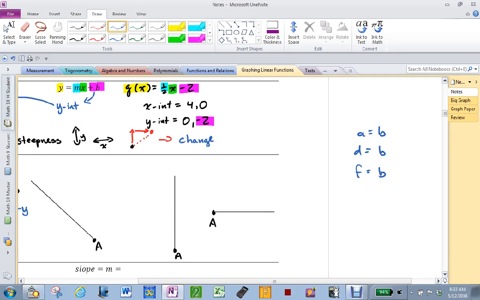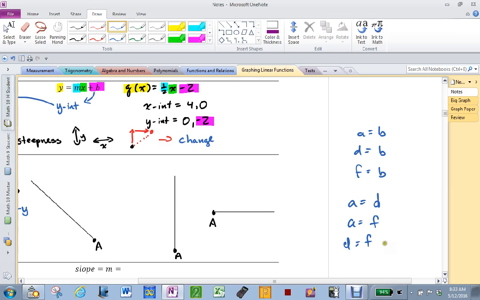They all equal B. And? And D. And A. Yes. A also equals D, doesn't it? Yes. A also equals F, doesn't it? And D also equals F, doesn't it?